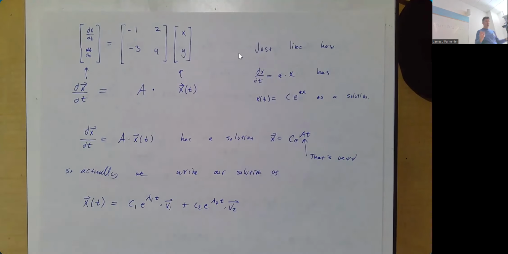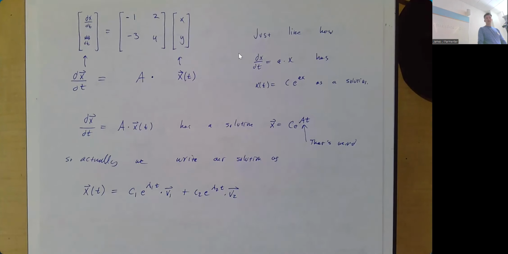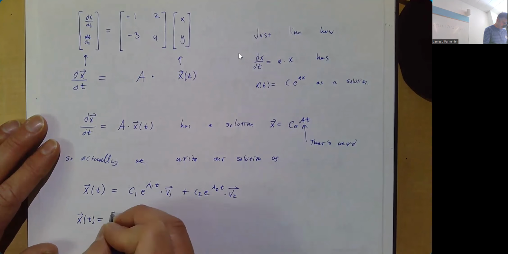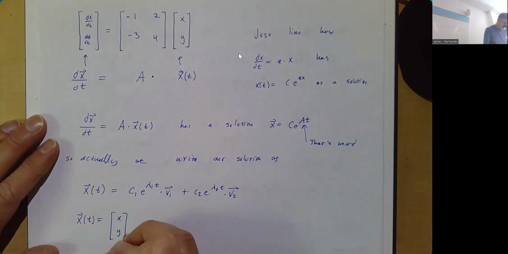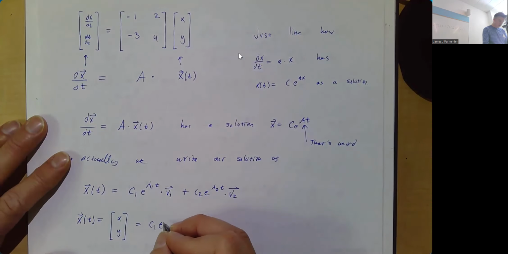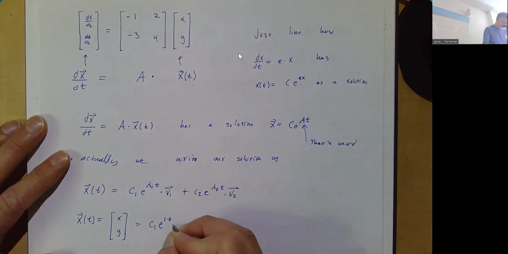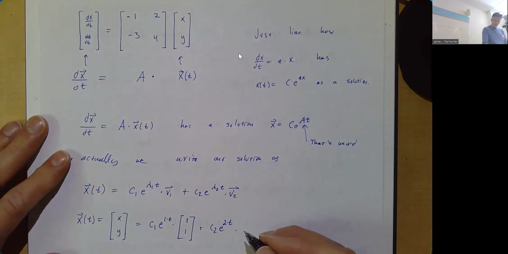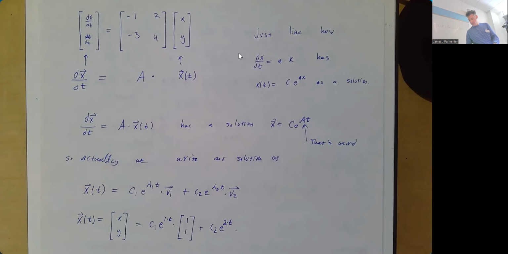So here's what that means for our problem here. We know the eigenvalues, we know the eigenvectors. I know they're on a different page, but we're going to get here that our solution, x of t, which is equal to x, y, is equal to c1 e to the lambda 1 was 1 times t, and v1 was the vector 1, 1, plus c2 times e to the lambda 2 was 2 times t, and the second eigenvector was, I don't remember if it was 2, 3, or 3, 2.